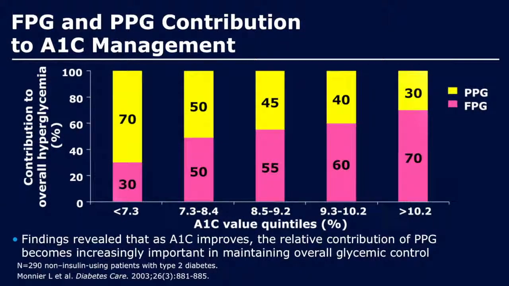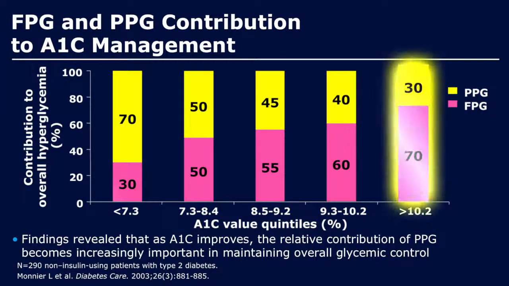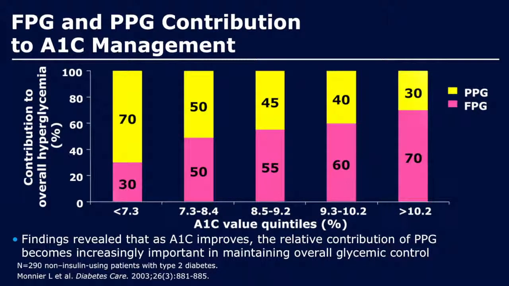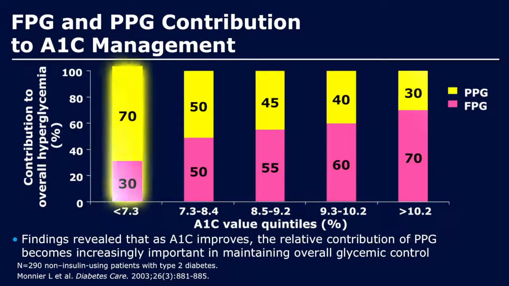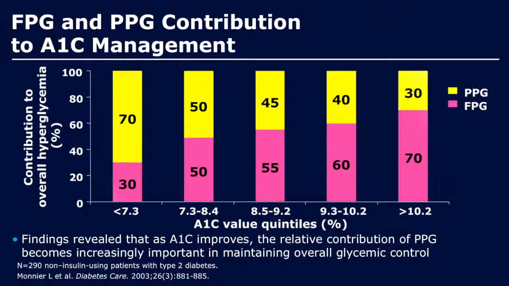The graph shows the contribution of fasting plasma glucose and postprandial glucose to overall hyperglycemia in patients with different A1C levels. Among patients with the highest A1C levels, fasting plasma glucose accounted for about 70% of hyperglycemia. As A1C improves, the relative contribution of fasting plasma glucose declines and the relative contribution of postprandial glucose increases.